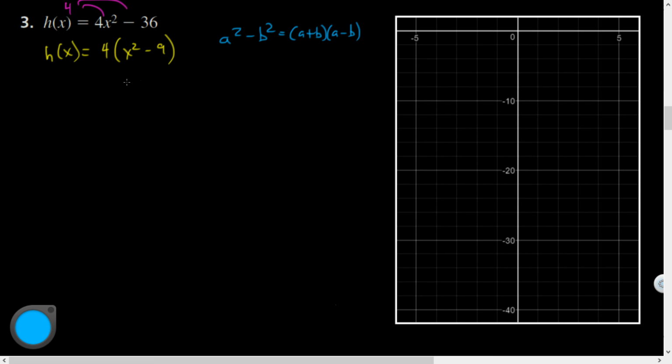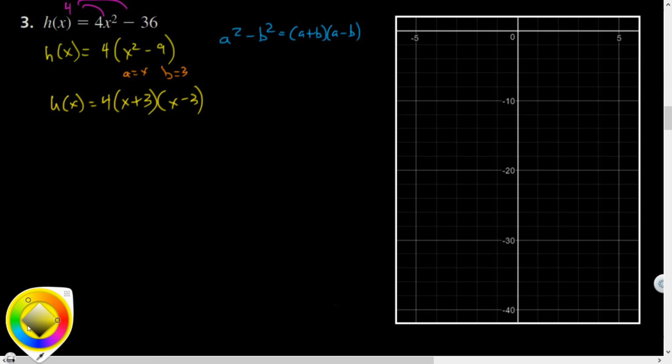And the question is, what would A and B have been? Well, A would have been x, because x squared is x squared, and B would have been, what squared is 9? What squared would give me 9? 3, yeah. So the factored form of this h of x is going to equal 4 times x plus 3 times x minus 3.